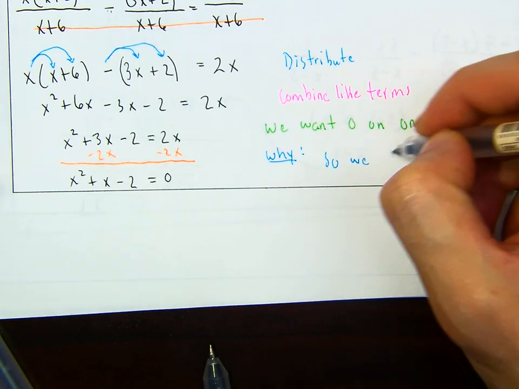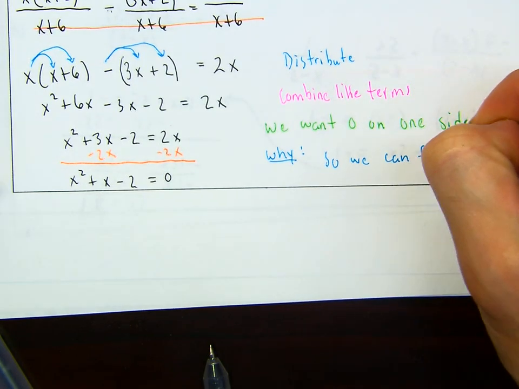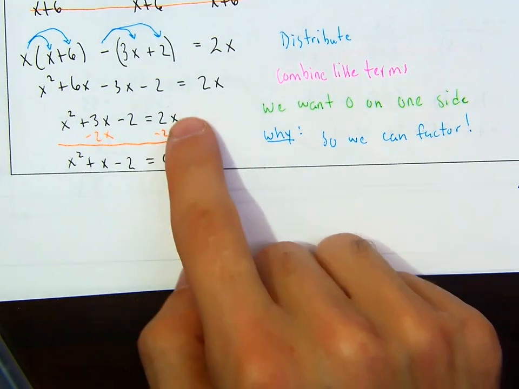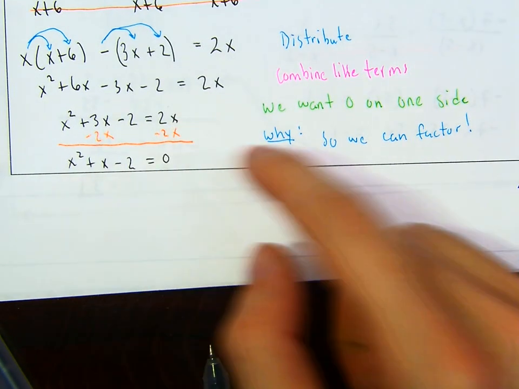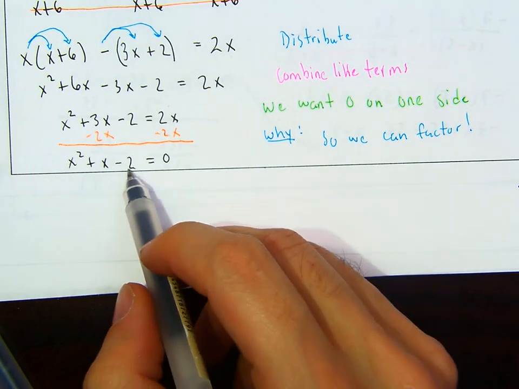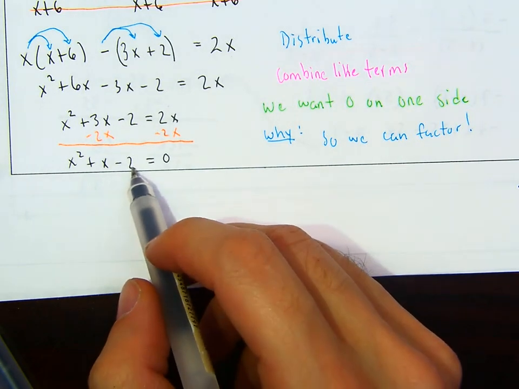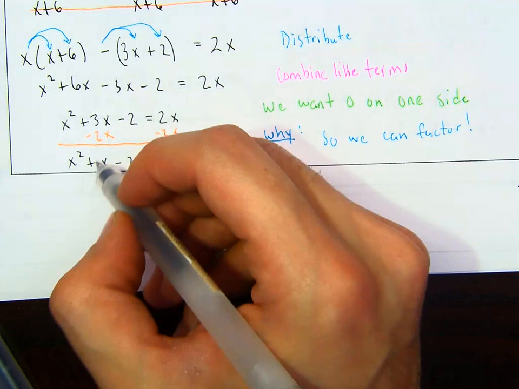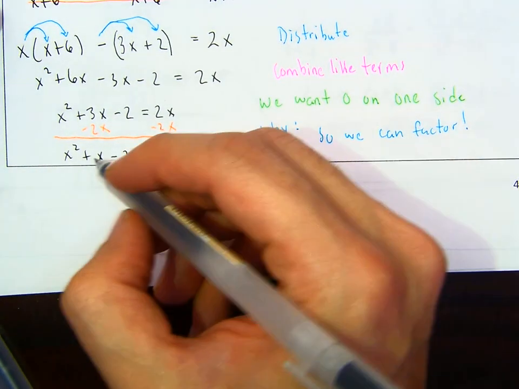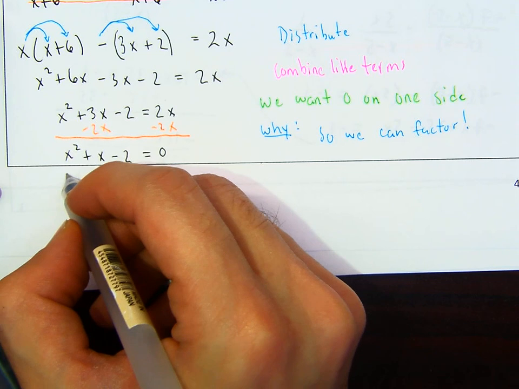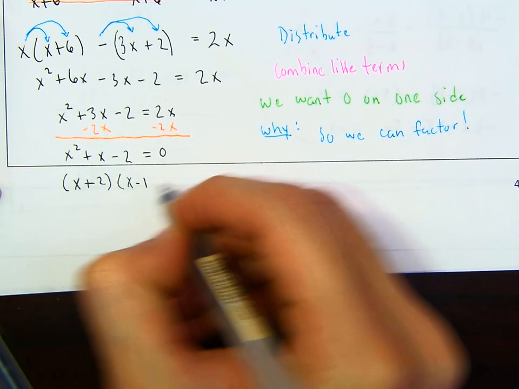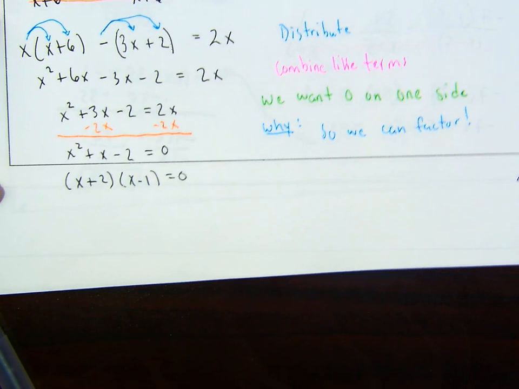So we can factor, right? So now the opportunity, like once we have 0 on one side, now we could factor. And you have to be good with your factoring skills. What two numbers when you multiply give you -2, but when you add give you +1, right? And pause the video and try and do it, right? So here, it would be x plus 2, x minus 1 equals 0.